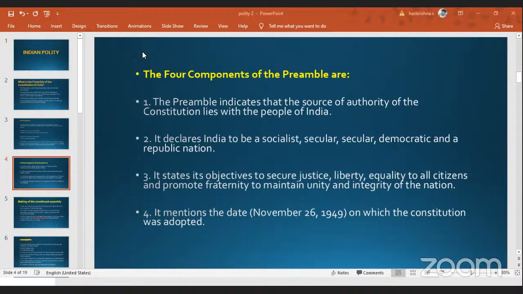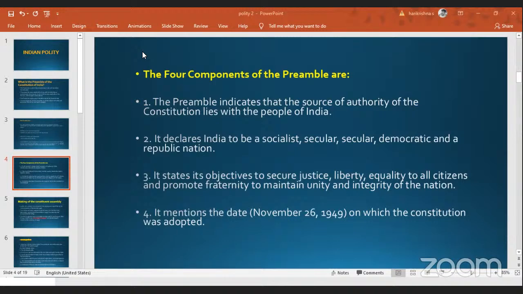Yes. So these are the four components of the preamble. First, the preamble indicates that the source of authority of the constitution lies with the people of India. Second, it declares India to be a socialist, secular, democratic, and republic nation.